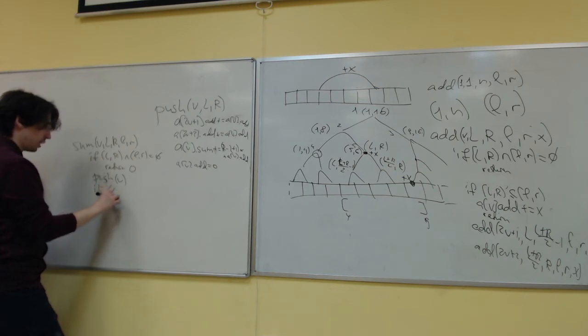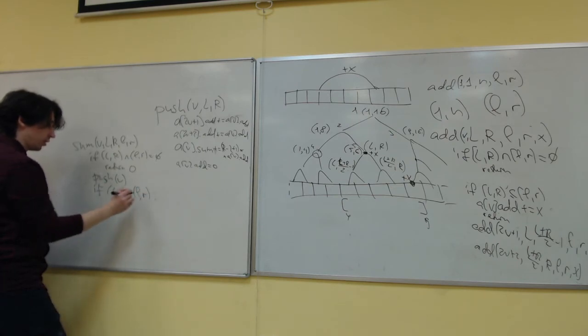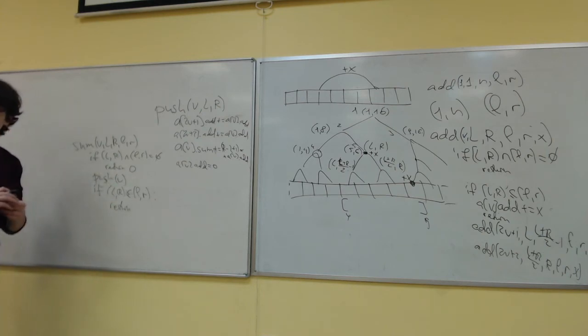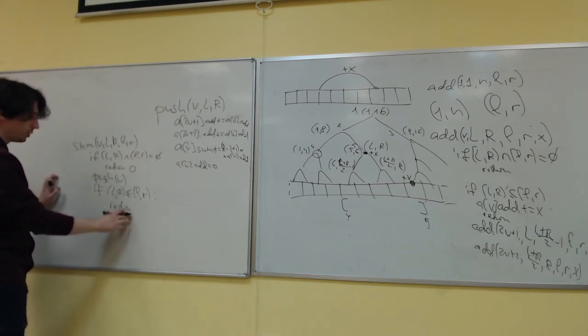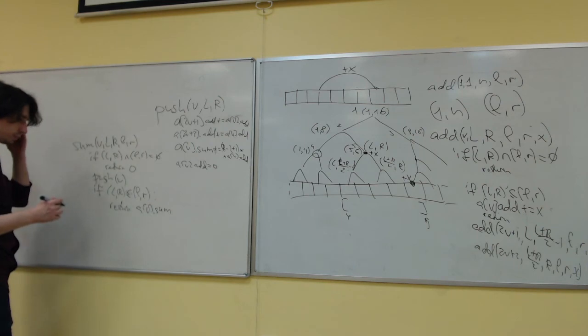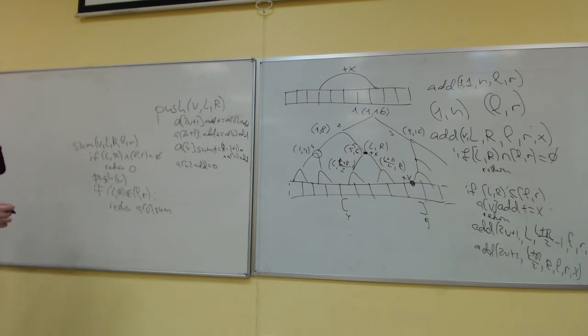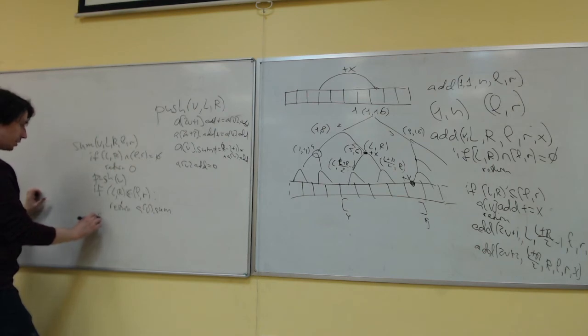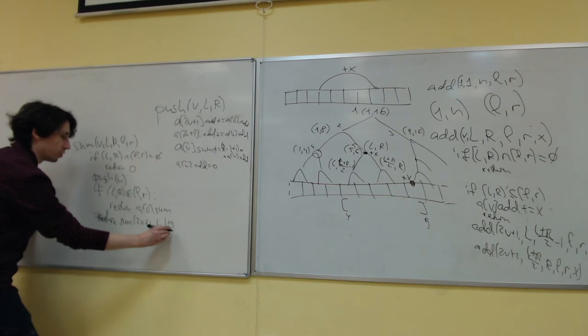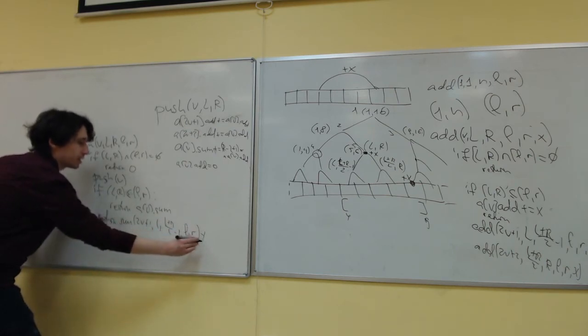Then if the segment is inside LR, then return a of v dot sum. Otherwise, we return sum of 2v plus 1 from l to (l plus r) over 2 with LR, plus the right part.